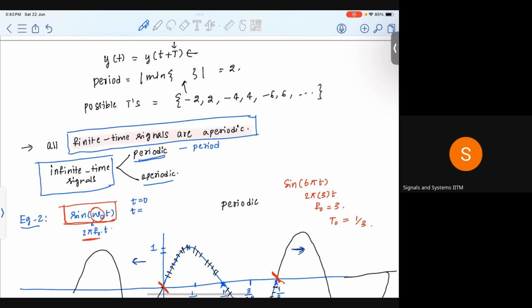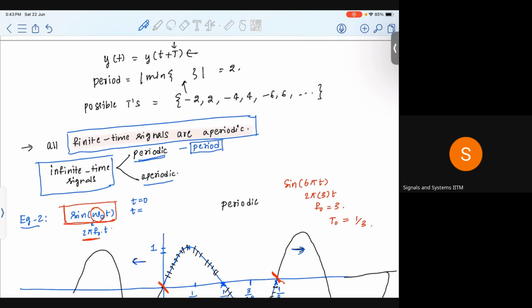Fundamental period is the basic part of the signal where the same part keeps repeating from minus infinity to infinity. That constant part in the signal which keeps repeating, the time period of that part is known as the fundamental period of the signal.